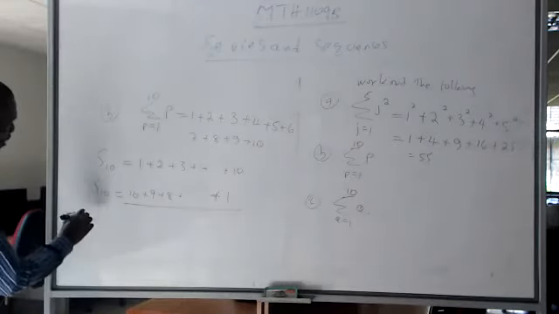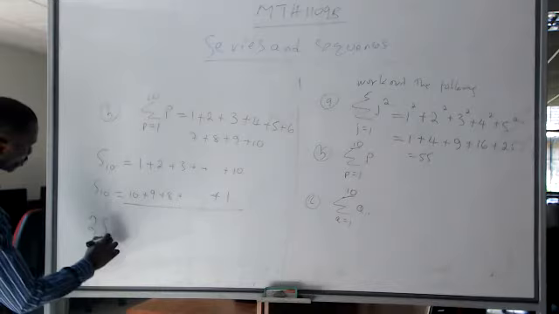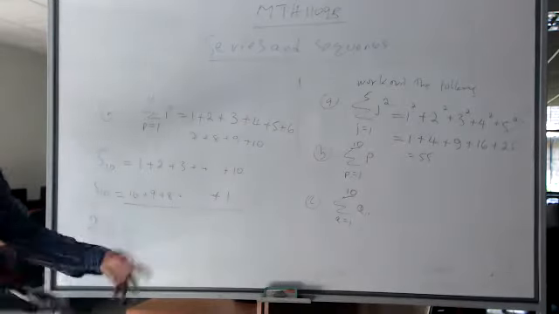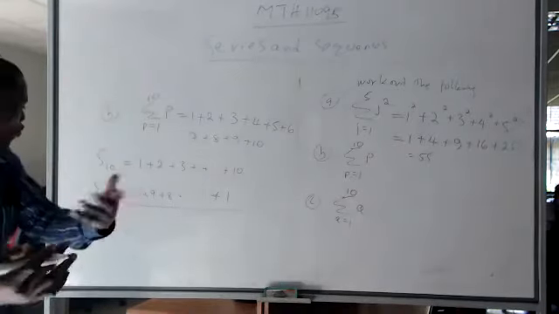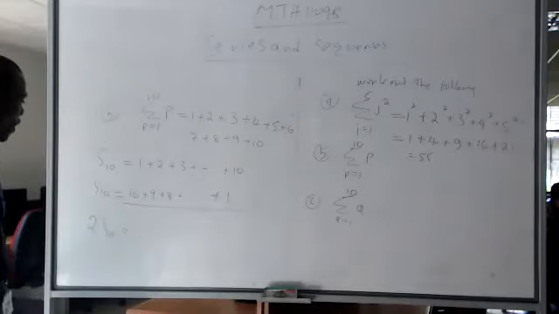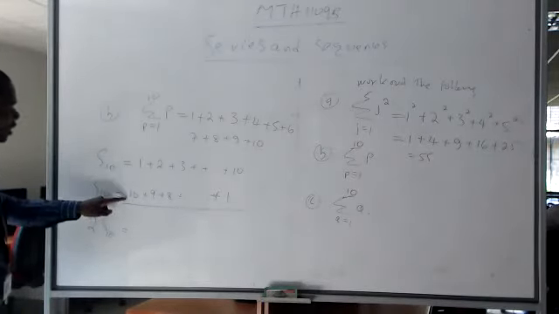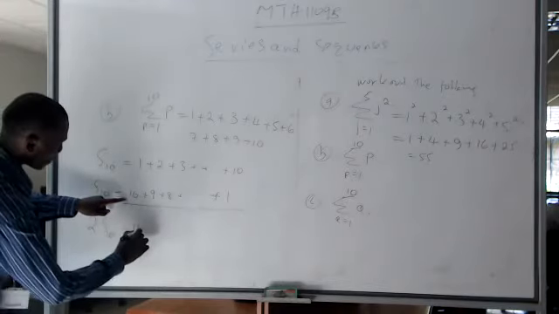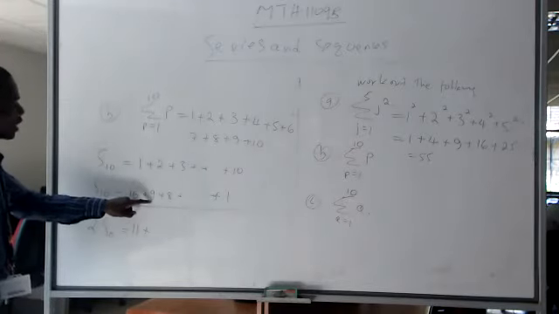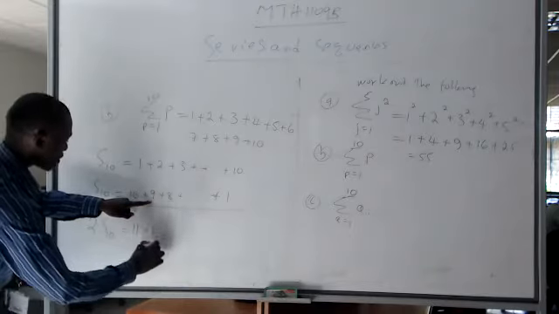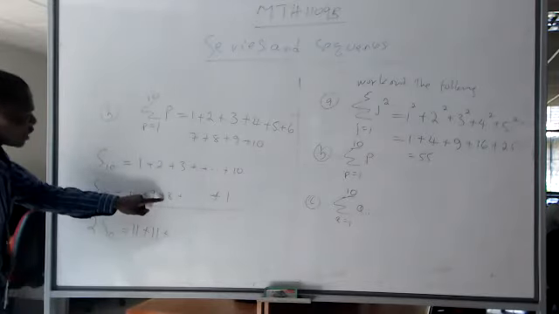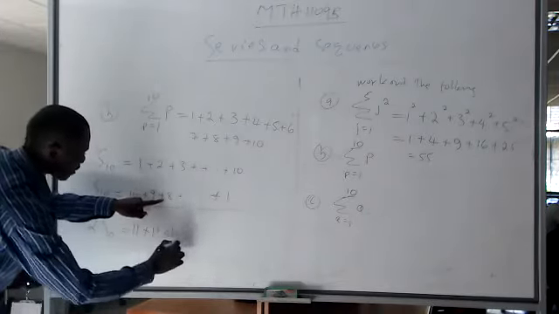So S10 plus S10 is simply twice S10, just like X plus X is 2X. Now notice this, 1 plus 10 is 11. 2 plus 9, also 11. 3 plus 8, still 11.